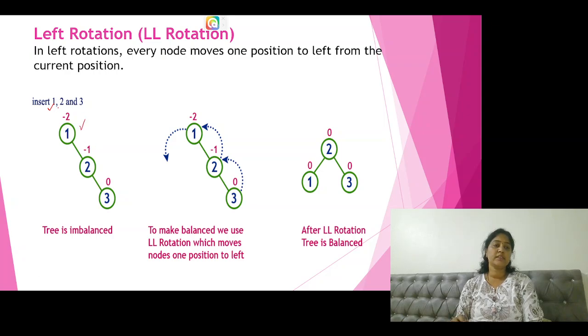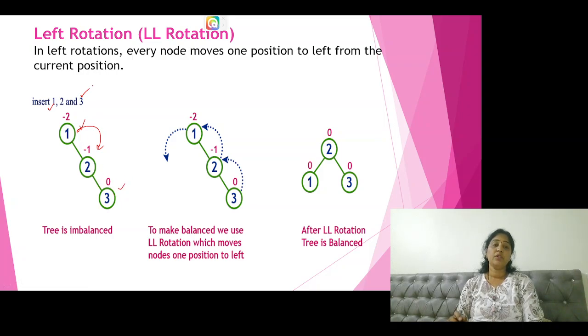Then when you insert 2, 2 is greater than 1, so it must be inserted on the right side. Then 3: 3 is greater than 1, so it has to go to the right side, but there is already one child node on the right, and 3 is greater than 2, so it will be inserted on the right side of 2.